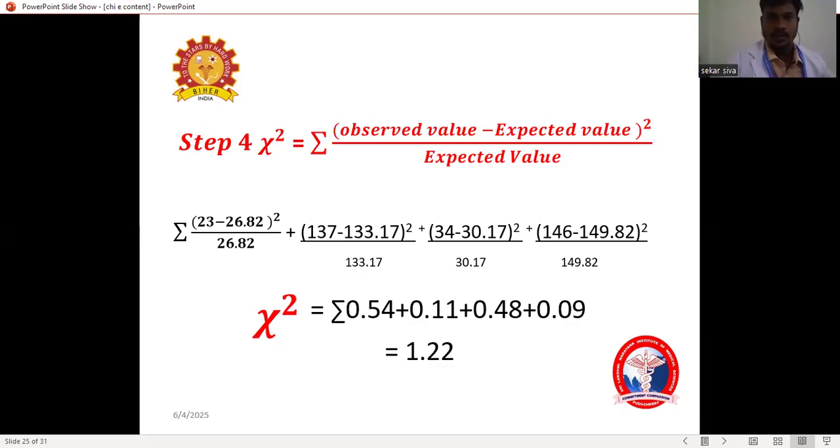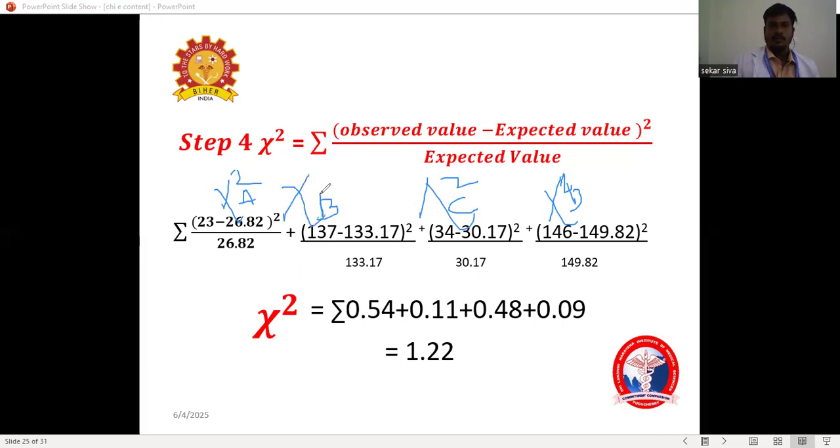Okay, let's put in the chi-square values. The observed value is 23 and the expected value is 26.82, so the (observed minus expected) squared over 26.82 is the chi-square for A. This is B cell, this is C cell, and this is D cell.